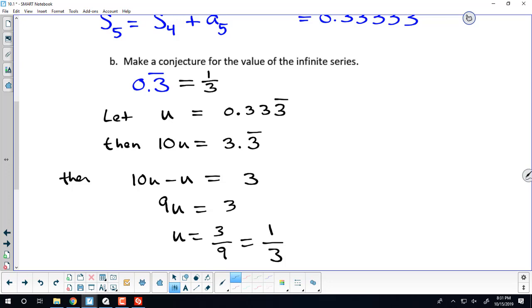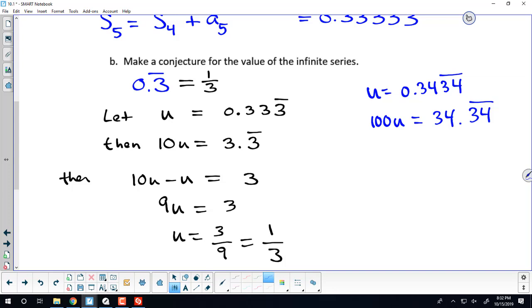If it's something where you have every 2 digits repeating, let's say 0.3434 repeating, then you still let that equal u, but you want to look at 100 times u. So you have 34.3434 repeating. When you subtract those, the u gets rid of that repeating portion.